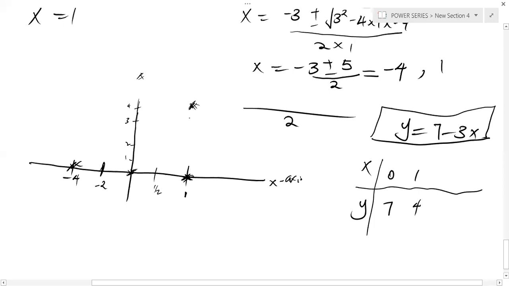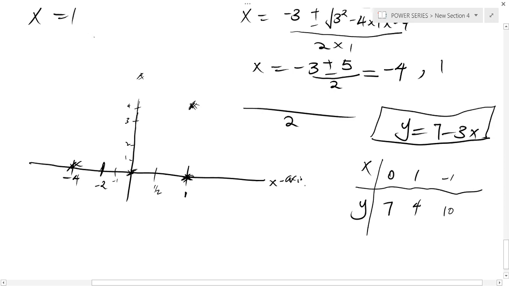Then at x is equal to minus 1, if I put minus 1 here, that will give me 7 plus 3, and that will be 10. Minus 1 is somewhere here. Then it means the line will go on something like this, if I was to have a rough sketch.